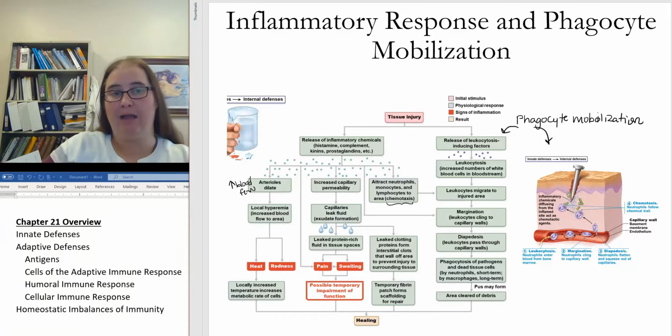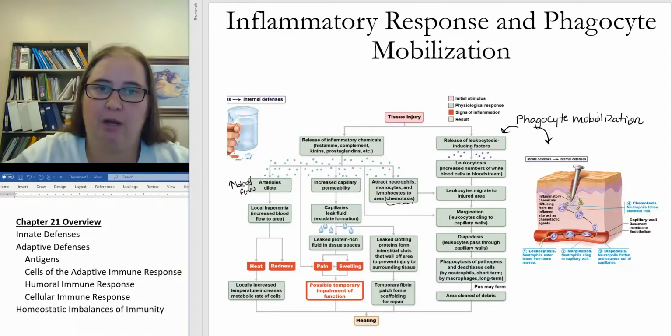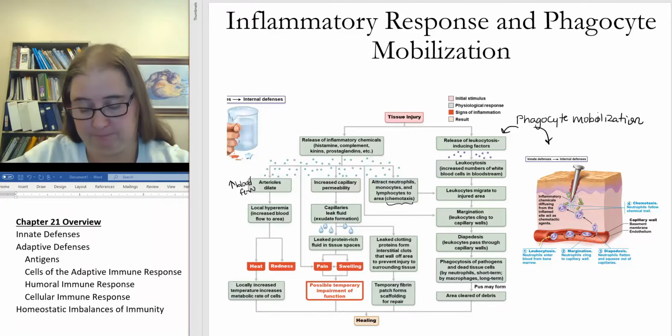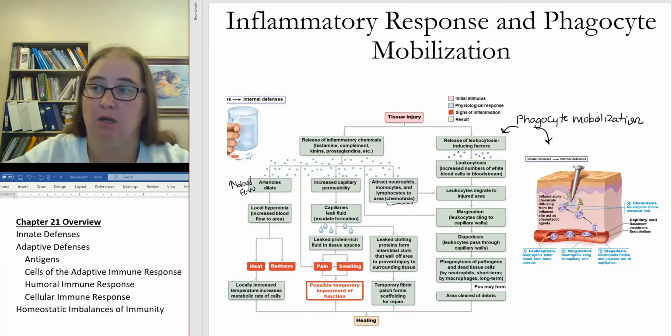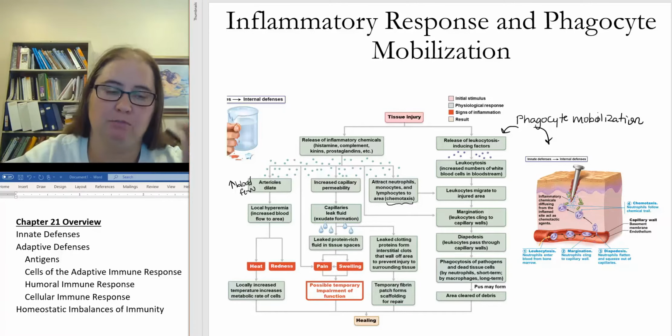And then when the macrophages come in, they clean up the neutrophils and also join the attack. So again, a really cool process, but a really important one in how the inflammatory response is a major player in controlling pathogen dispersion, or preventing that pathogen from moving around the rest of the body.